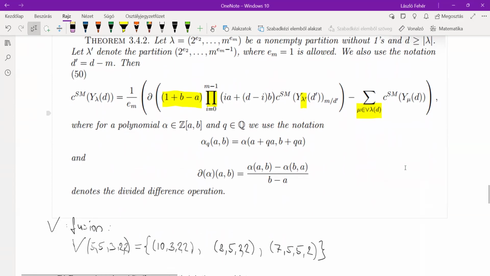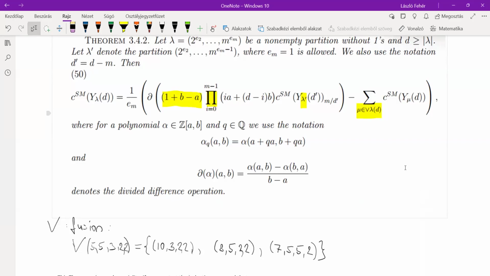Now, the nice thing about this formula is that this allows us to calculate inductively if you use the fact that cohomology is a graded object.